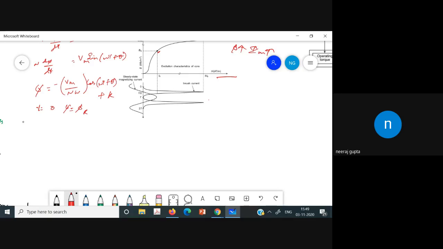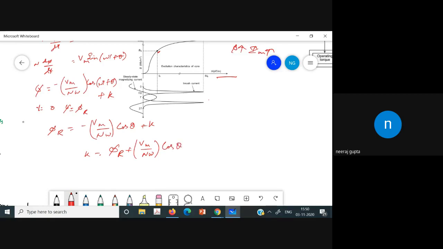Substituting the initial conditions, we get the residual flux phi r equals minus Vm by n omega cos of theta plus k, and finally k equals phi r plus Vm by n omega cos of theta.